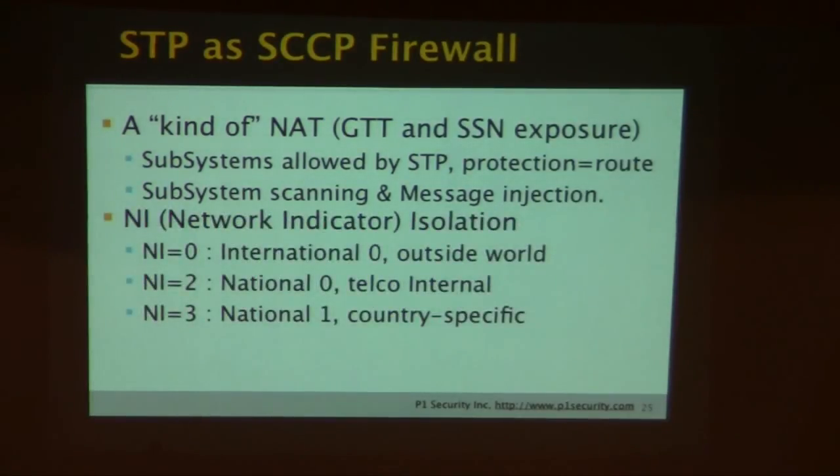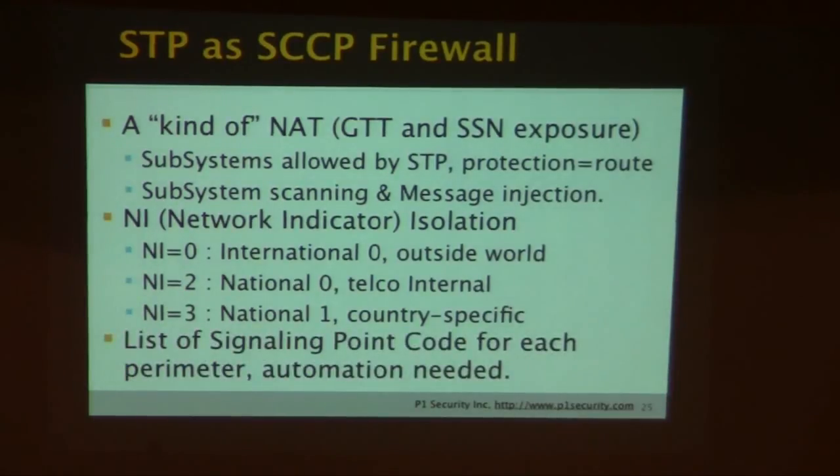And you also have the domain, the network indicator, or what perimeter we are talking about. So of course, you can do some filtering, and you can say from this group of SPCs, you can connect only to this group of SPCs with this subsystem number.